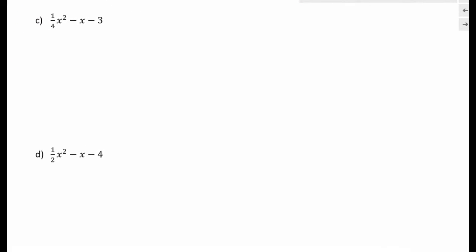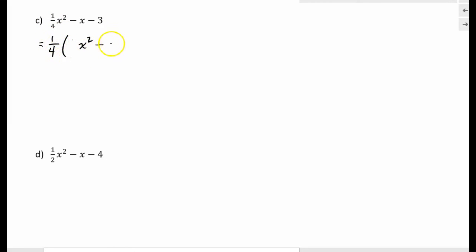Next one, fractions. Yay, fractions. We love fractions. Maybe not so much. Okay, we would want to factor it out just like any other time. So 1/4, we need to multiply by 1 to get 1/4. So that stays like it is.